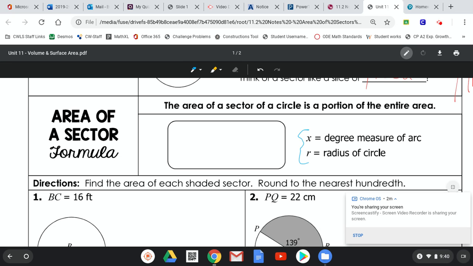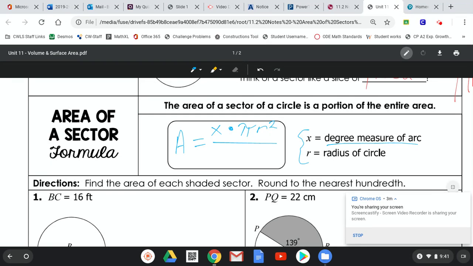So for the area, we're going to use A for area. A for the sector is going to equal X, where X is the degree measure of the arc, just like we did when we found arc length. We multiply that by pi r squared, so that's going to be the top of our fraction.